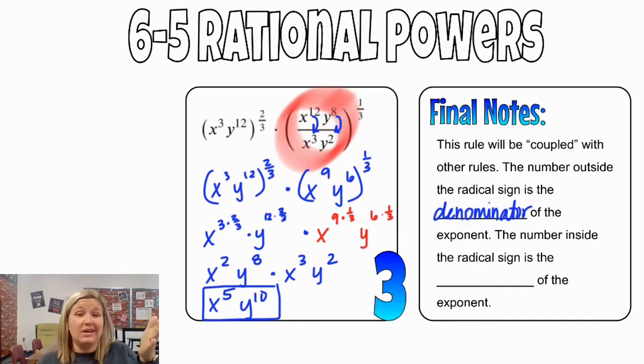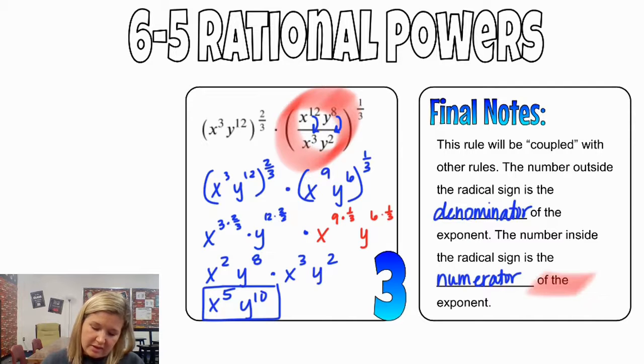If you have a fraction, that doesn't mean that you're going to start using a fraction coefficient, and it does not mean that you're going to start using that radical sign there. And then the number inside the radical sign is going to be the numerator of that exponent. So remember, this is kind of a big thing. That's of the exponent. It's not just of your coefficient. Your coefficients still follow the coefficient rules.